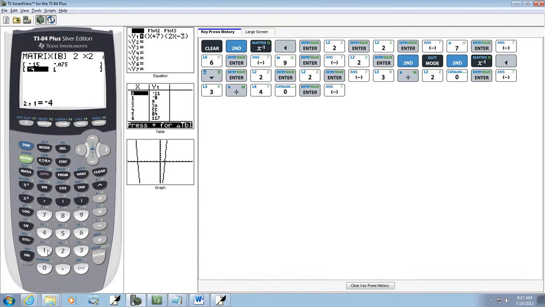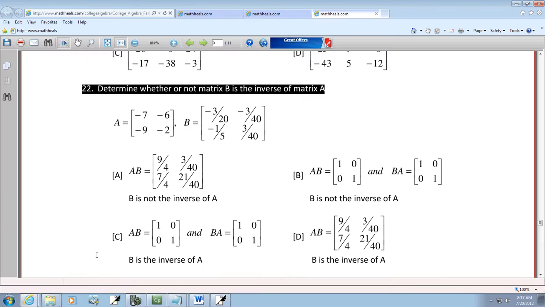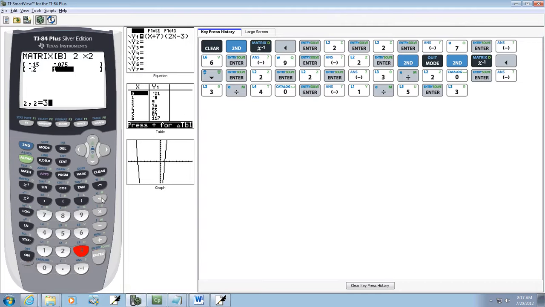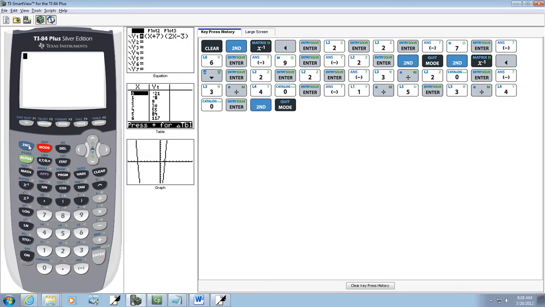Negative 1 divided by 5. And 3 divided by 40. Okay, then exit out. Do a second mode. Now let's multiply them together.